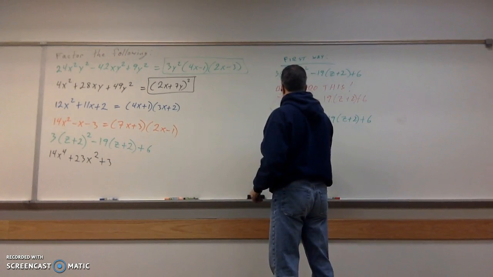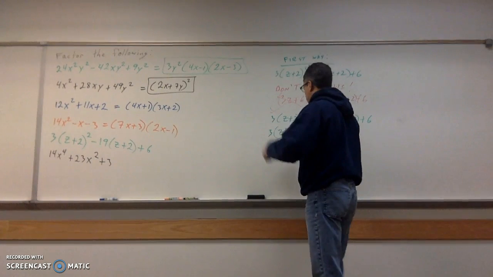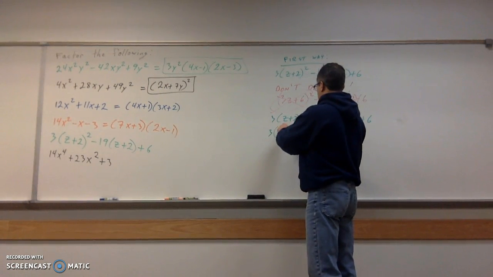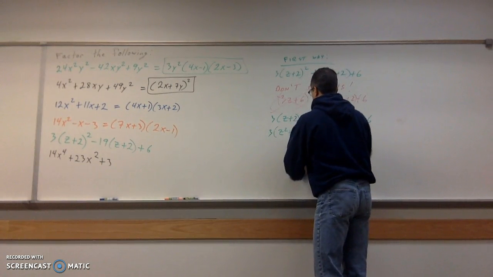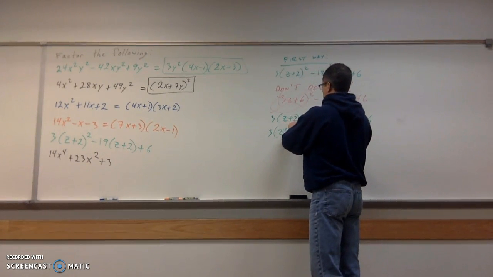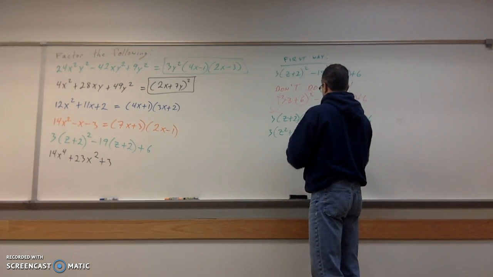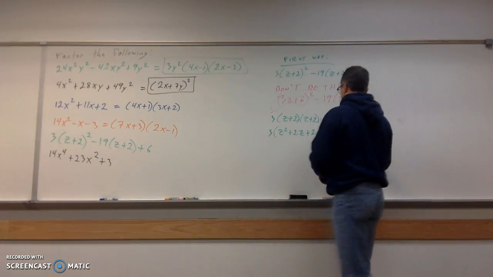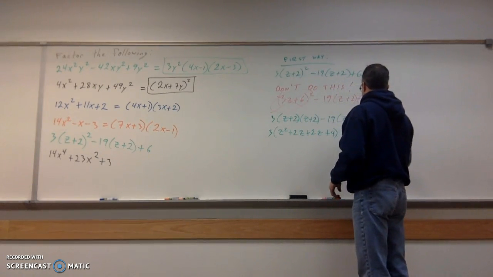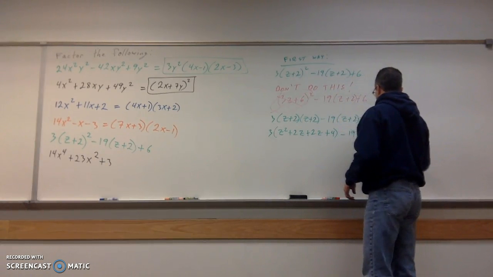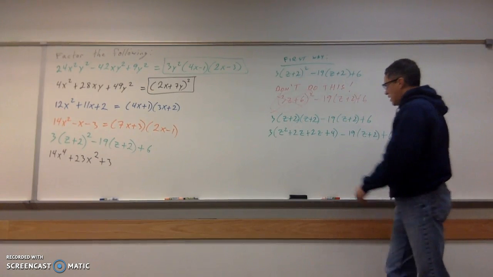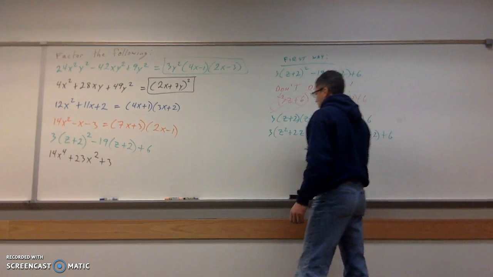So that'll be z squared plus first, outers, inners, last. So z squared plus 2z plus 2z plus 4. And then minus the 19 times the z plus 2, plus the z. And then we'll combine these together.